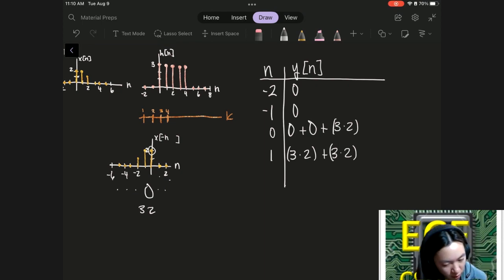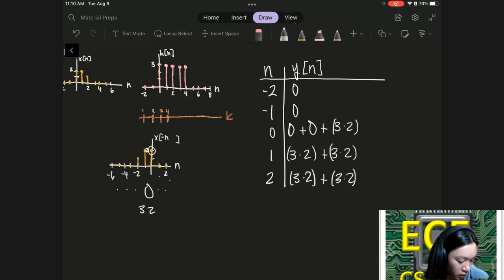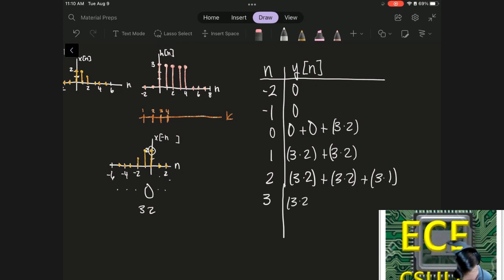And then at 2 will be 3 times 2 plus 3 times 2 plus 3 times 1. The next one, at 3, is the same: 3 times 2 plus 3 times 2 plus 3 times 1.